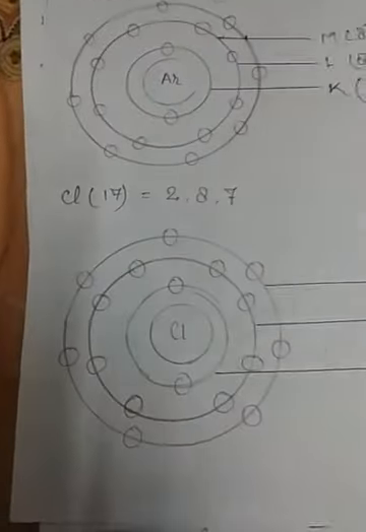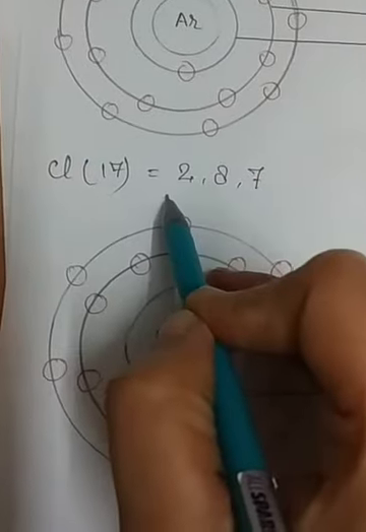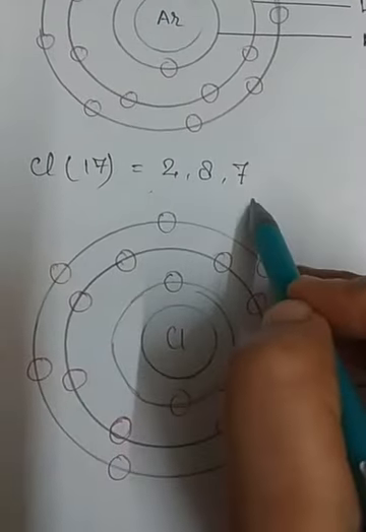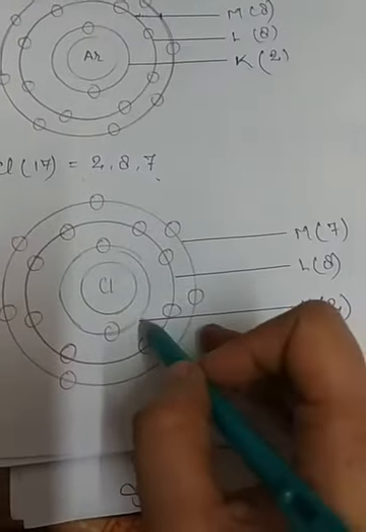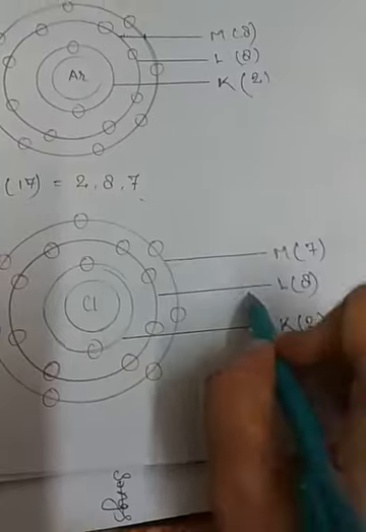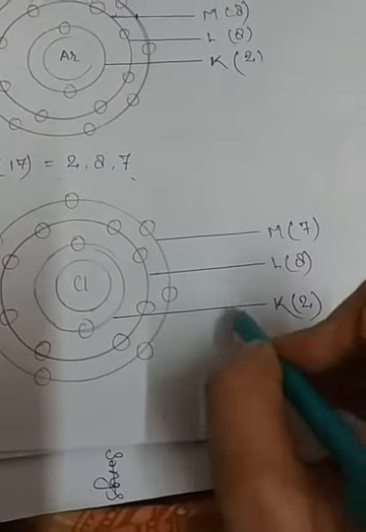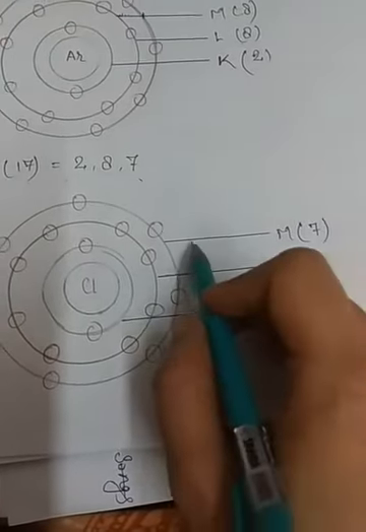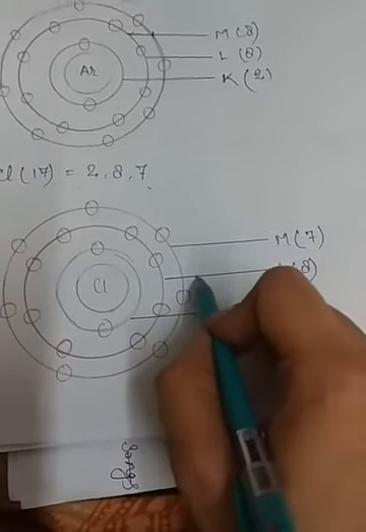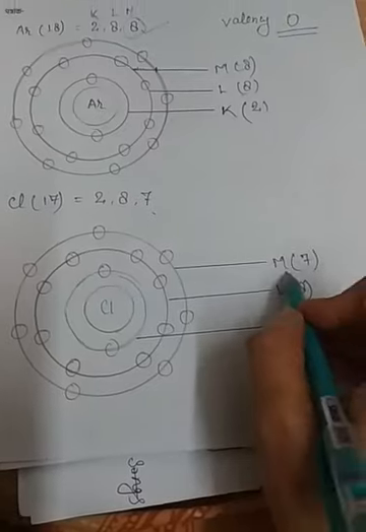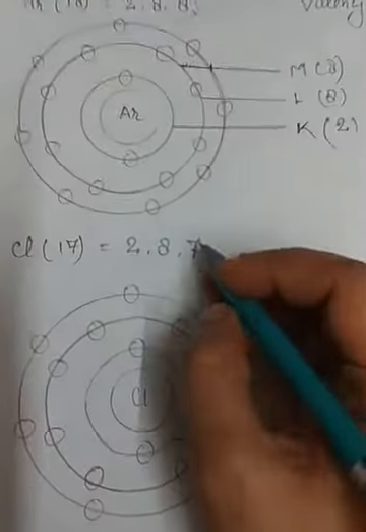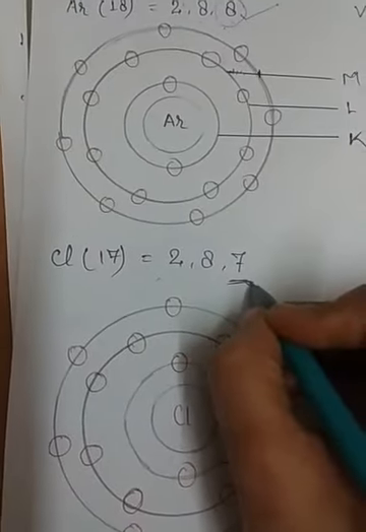Let's take one more example, chlorine, whose atomic number is 17, configuration 2, 8, 7. Place 2 electrons in the first shell, which is the lower energy shell. Then 8 electrons in the next, higher shell, and the last is the highest energy level shell, where we can place 7 electrons. Now tell me, what is the valency of chlorine?